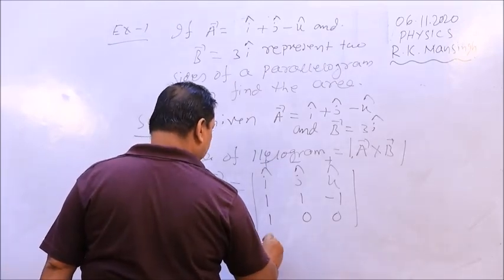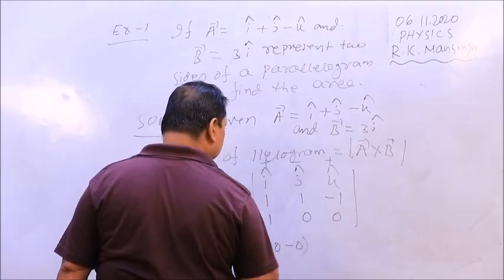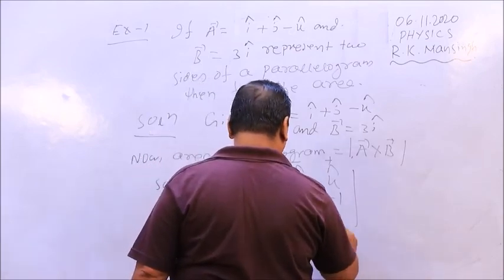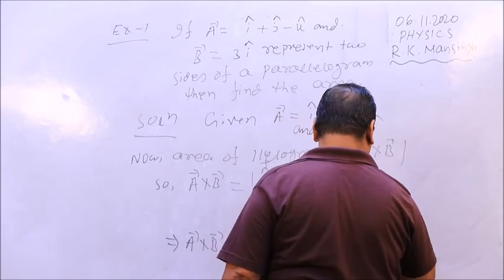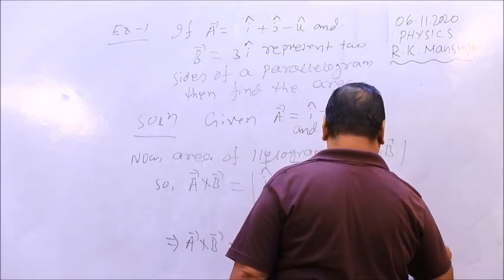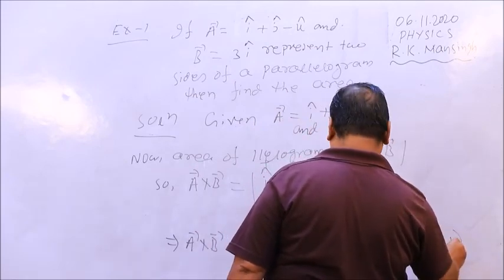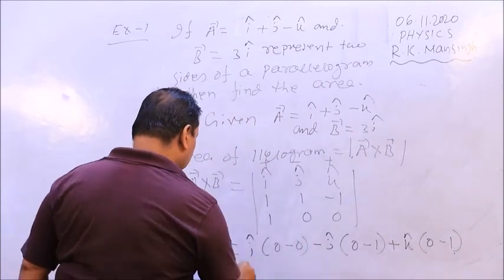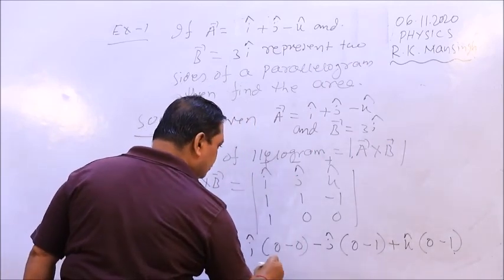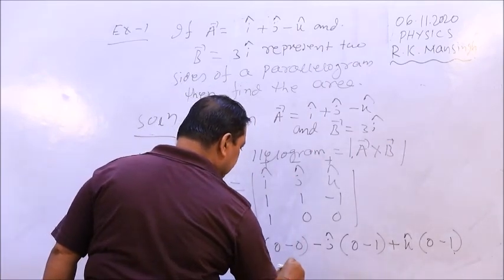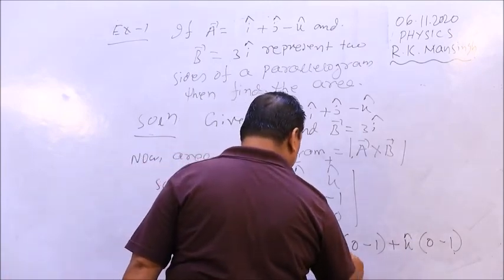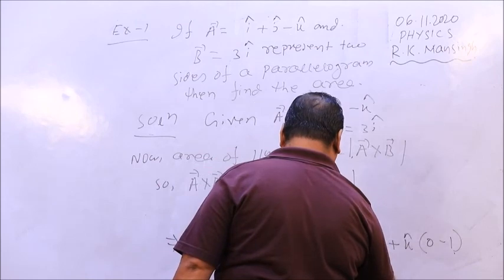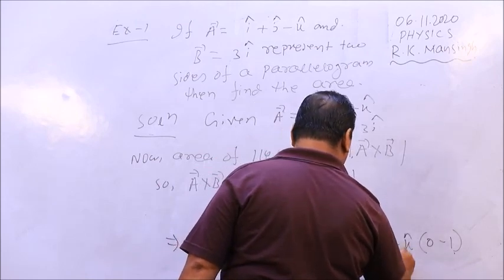I cap times 0 minus 0, then 0 minus 1, then 0 minus 1. So you solve it: 0, this is j cap, this is minus k cap, finally j cap minus k cap.